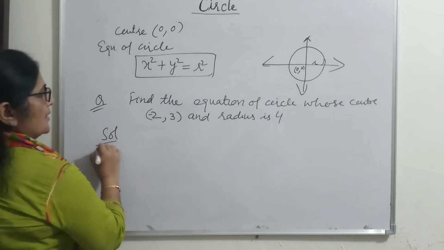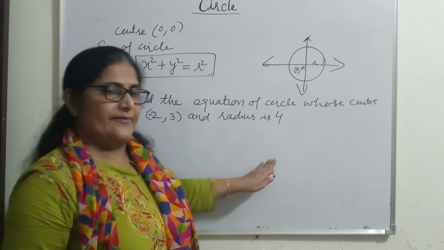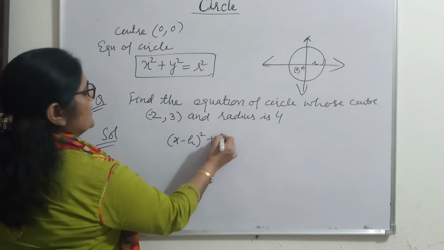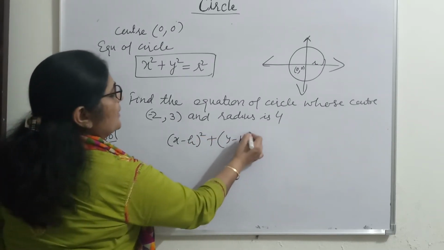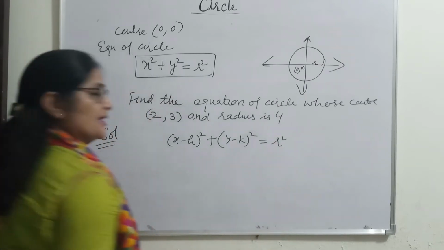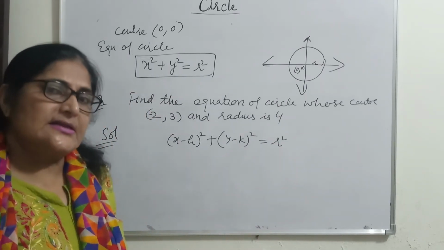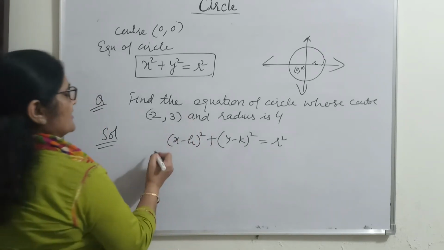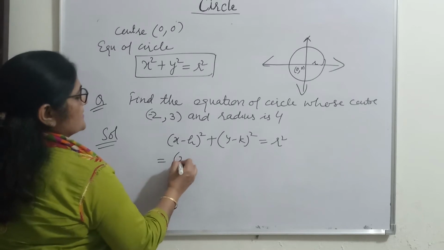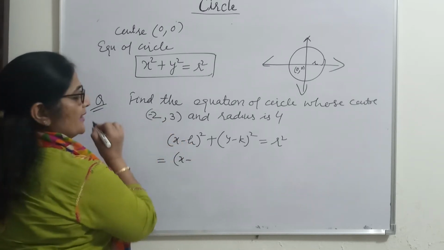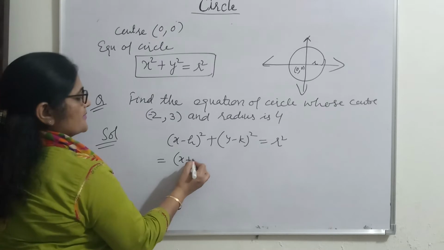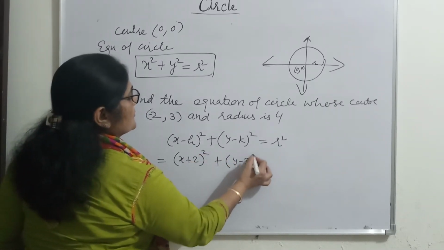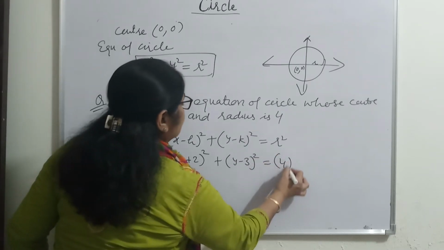So, center is given, radius is given. As you know, the standard equation of a circle is (x minus h) whole square plus (y minus k) whole square is equal to r square. h, k and r are given. Just put the values of h and k. x minus h, h is -2, so minus minus plus, x plus 2 whole square plus (y minus 3) whole square is equal to radius 4, so 4 square.